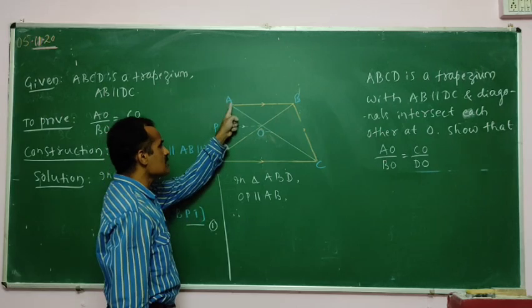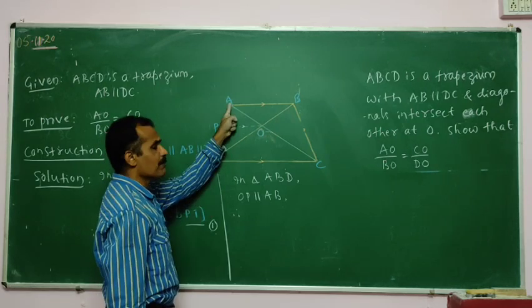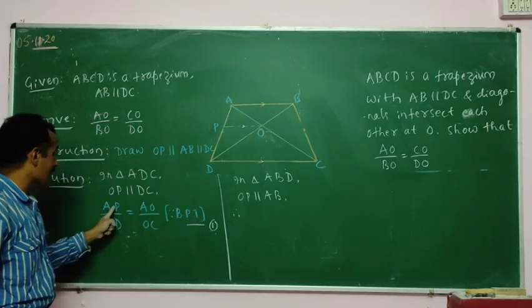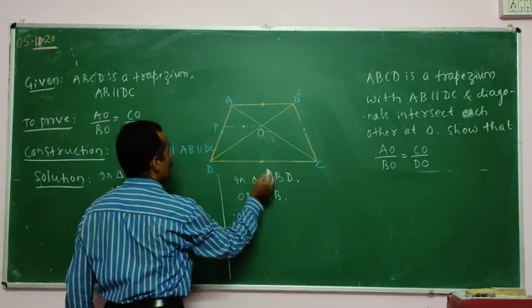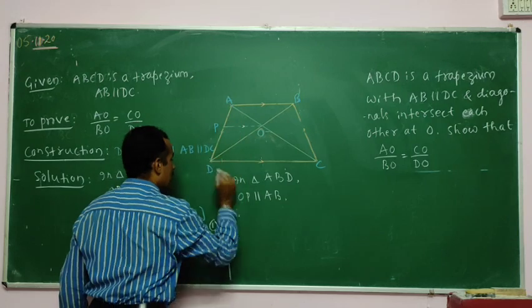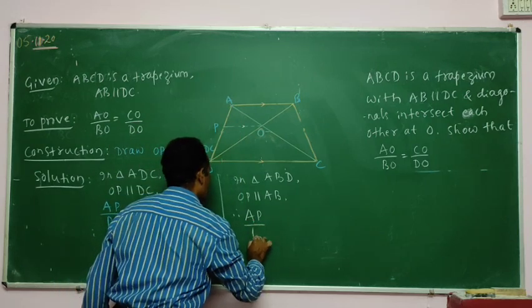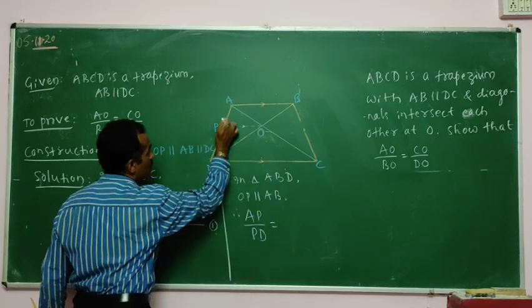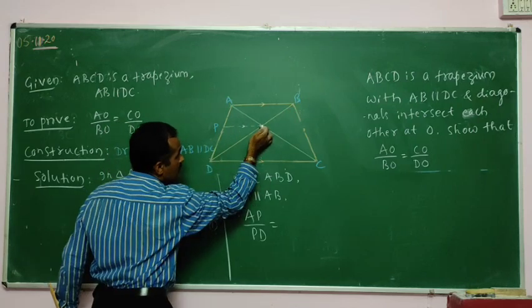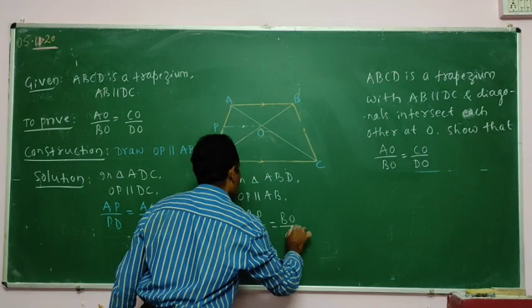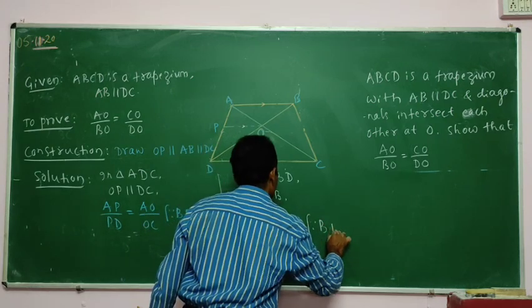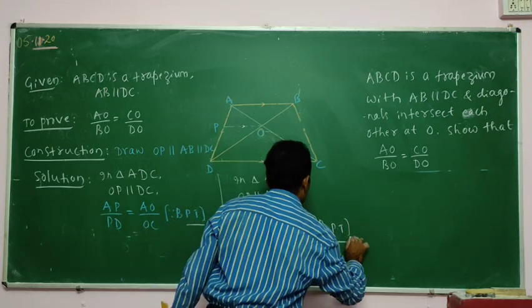यहां से मैं स्टार्ट कर सकता था, DP by AP लिख सकता था, लेकिन मेरे पास ऑलरेडी AP by PD है, मुझे आगे कैंसिल करना है इसको, इसलिए मैं लिखूंगा AP by PD. Therefore AP by PD is equal to BO divided by OD. Basic proportionality theorem, equation number 2.